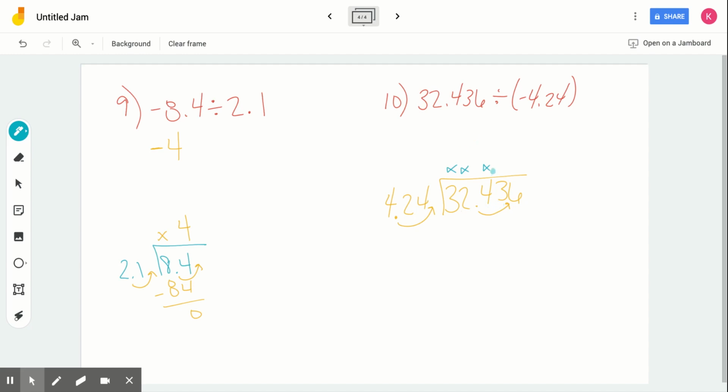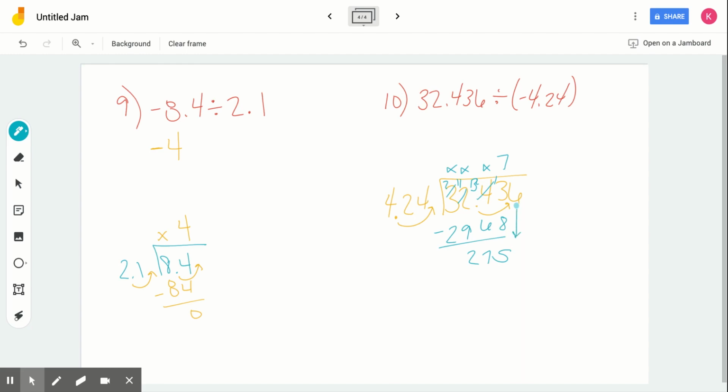It can go in there 7 times. When we multiply 424 times 7, we would end up with 2,968. We would need to borrow to subtract. And when we do that, we are left with 275.